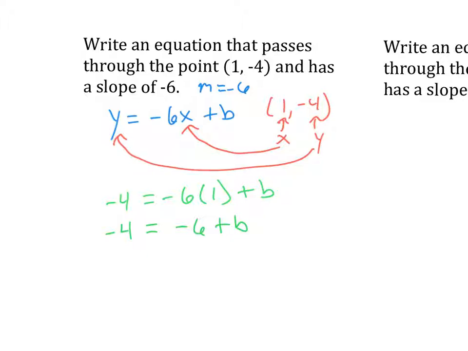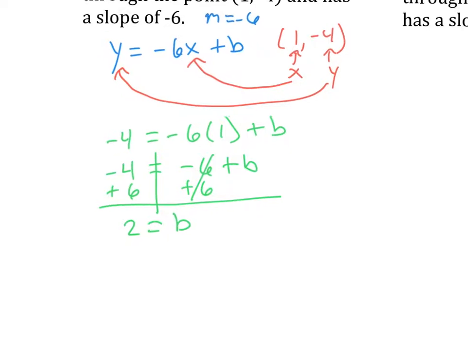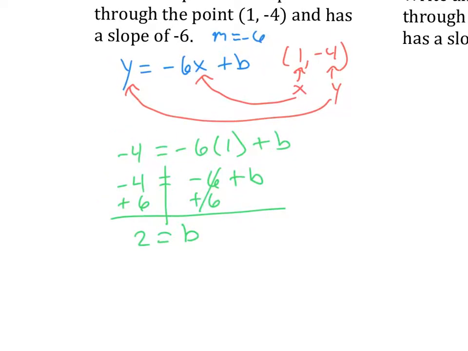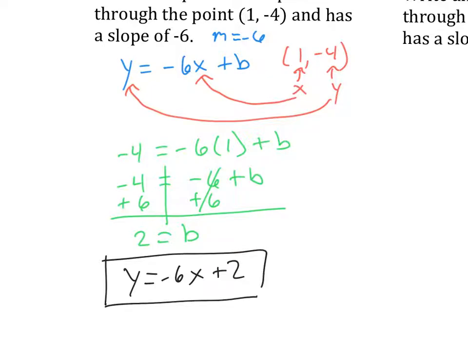Well, to get rid of a -6, we add 6 to both sides. You could even draw your little train tracks in there. -4 plus 6 gives us 2, and that cancels out, so we have 2 is equal to b. So now that we figured out what b is, we can write our full equation. y equals, we already have m, -6x plus 2. And that is the equation for our line.